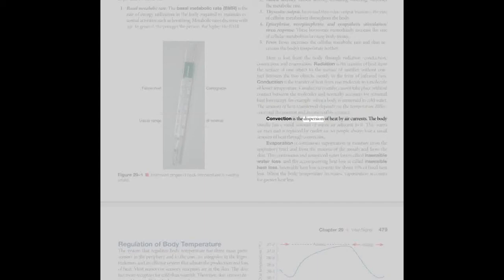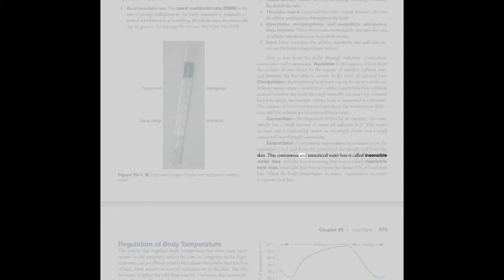Convection is the dispersion of heat by air currents. The body usually has a small amount of warm air adjacent to it. This warm air rises and is replaced by cooler air, so people always lose a small amount of heat through convection. Evaporation is continuous vaporization of moisture from the respiratory tract, from the mucosa of the mouth, and from the skin.